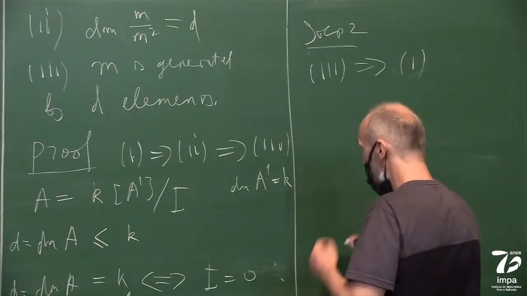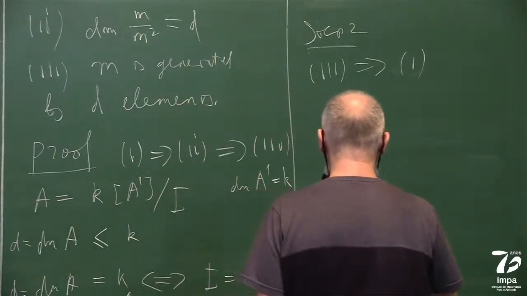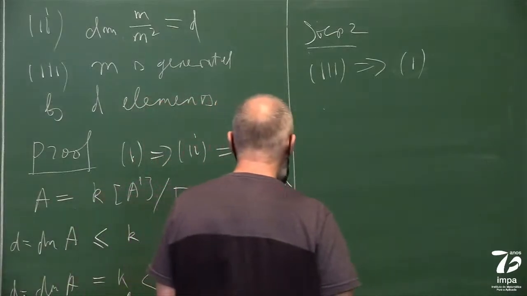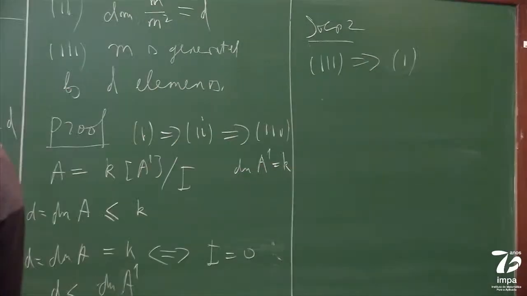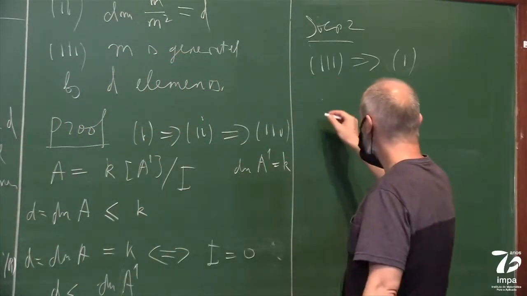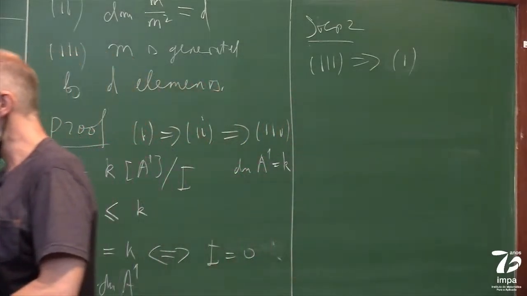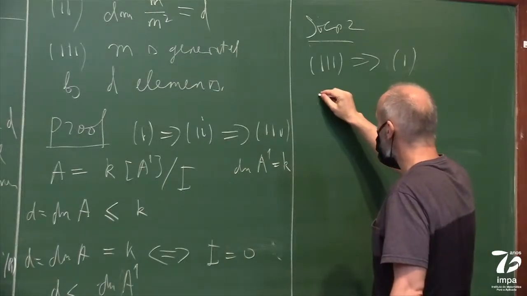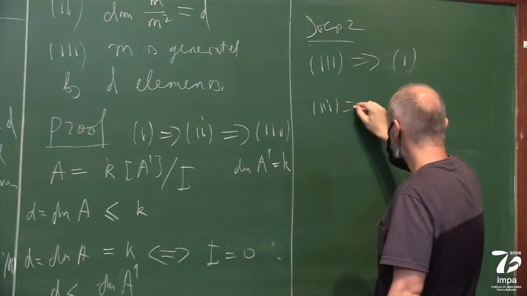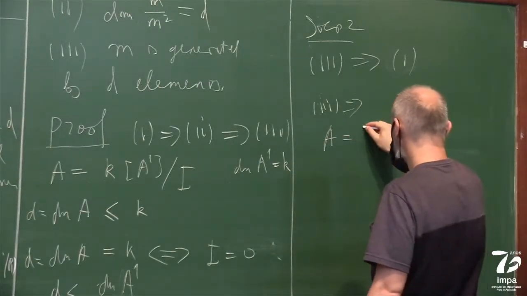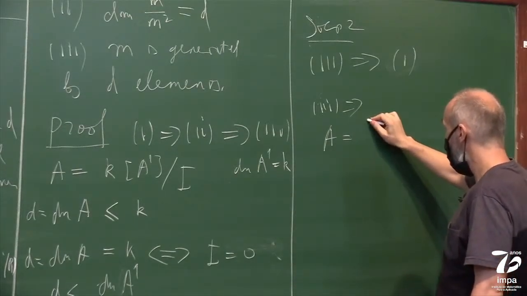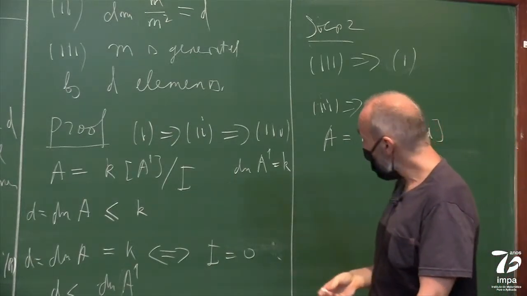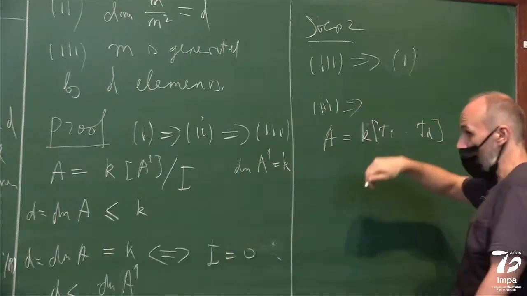Okay, there is pretty much nothing to prove, because if this maximal ideal is generated by D elements, then 3 implies that A is a quotient of a polynomial ring k[T1, ..., Td], where the Ti are the classes of the generators modulo m squared.